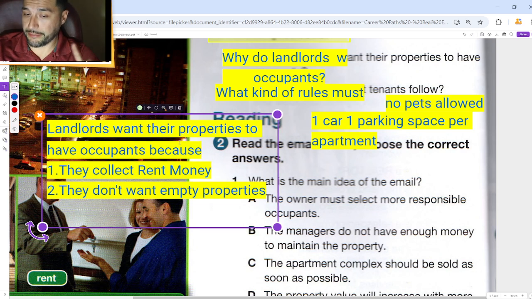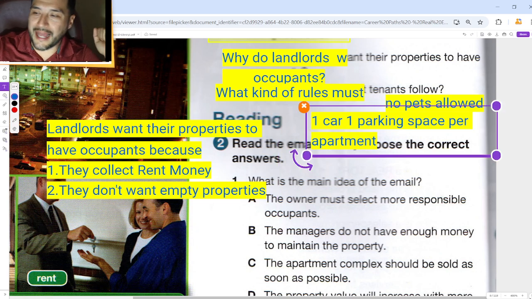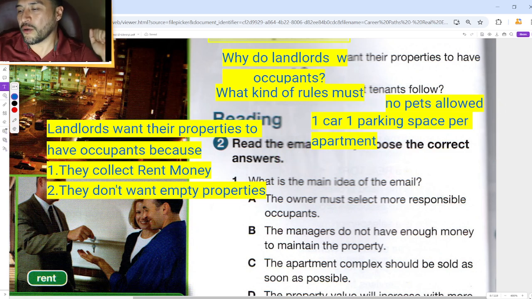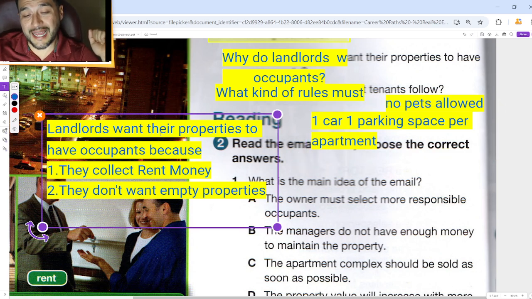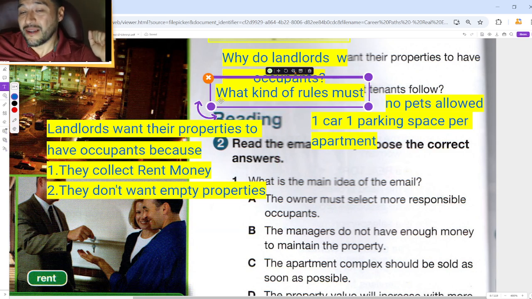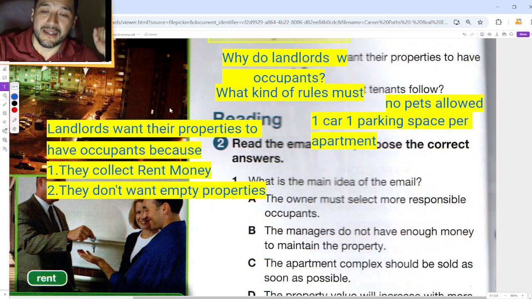Occupants pay. They don't want empty properties. You know, empty properties, you can have people go in the empty house, empty apartment, and they can paint or they can throw trash. So they don't want the empty properties. There could be problems.